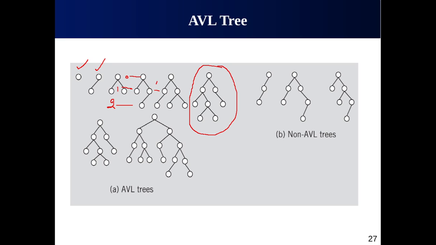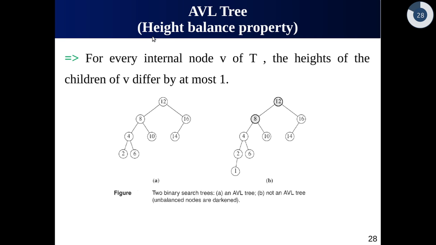Actually, for an AVL tree, we have to understand a property which is known as the height balance property. It means that for every internal node, the heights of the children differ by at most 1, as we just saw in the definition.